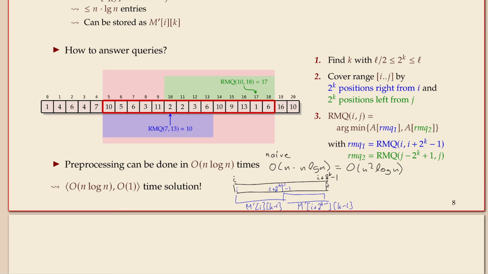Instead of pre-computing the minimum in the large black range from scratch, I can use that I've already computed the minima in these two smaller ranges, and then the minimum in the big one is either the minimum of that range or the minimum of that range, and I can find out which one it is in constant time.